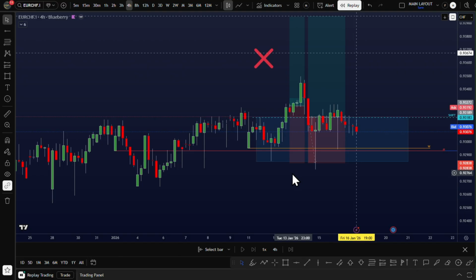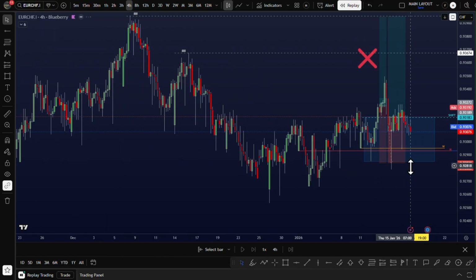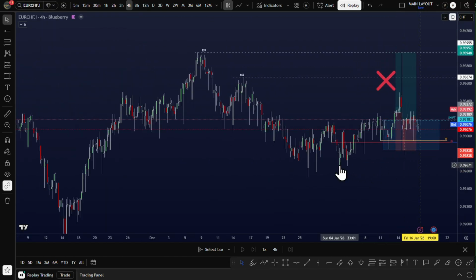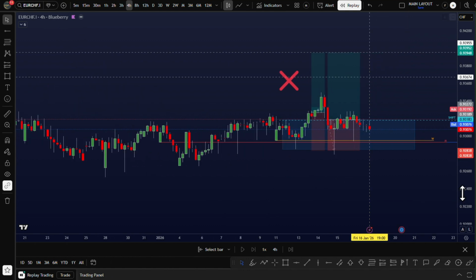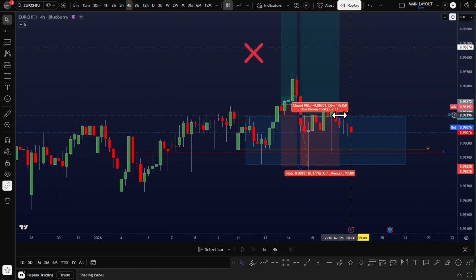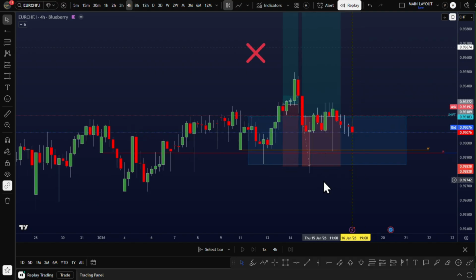On top of that, I didn't pay attention to the bad quotation. When I zoom out, you can see the quotation of Euro CHF on my broker is very ugly, a lot of wicks. I didn't pay attention to that, so for me, technically the trade is going on, but I lost. I got stopped out. It is what it is.